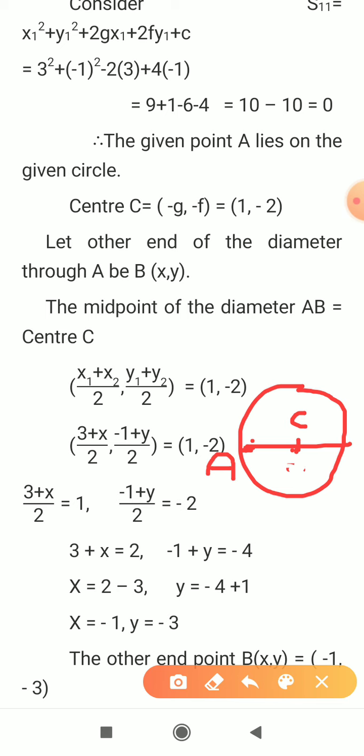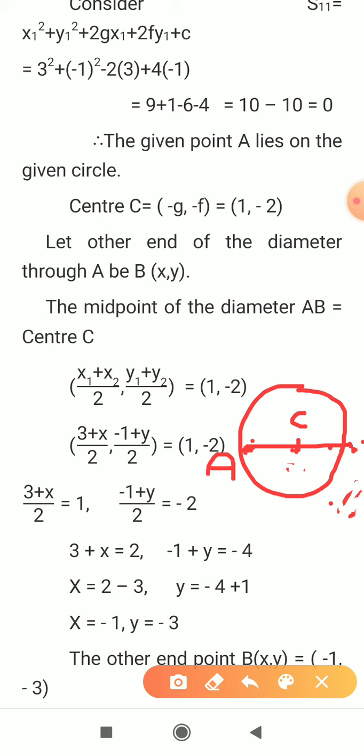Now this diameter passes through A. We find the other end of the diameter. What is the other end of the diameter? This is the other end of the diameter. We let this other end be B. This is a rough diagram, not geometry. This is coordinate geometry.